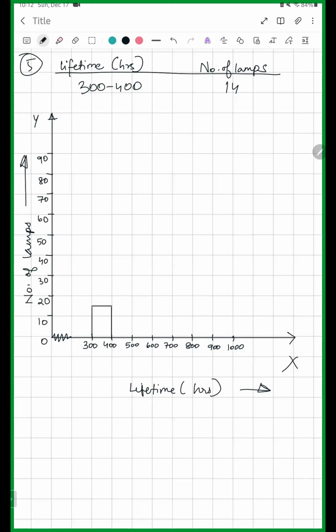Then from 400 to 500, we have 56. Then from 500 to 600, I'm going to make these lines later on. Or fine, I'll just make it now itself. 500 to 600, we have 60. Then from 600 to 700, we have 86.